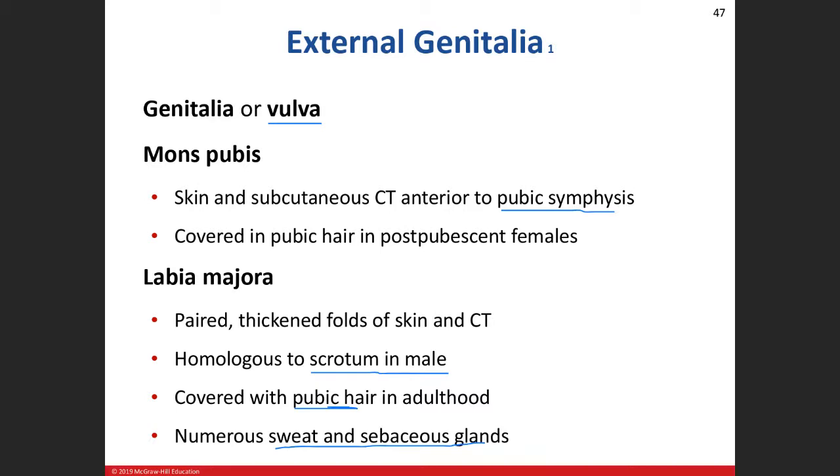We don't cover it in this class, but it's really interesting how, during fetal development, if the proper hormones aren't present, it can sway. And I'm sure you've probably heard of people that have had both male and female genitalia. Hermaphrodites was the term that they use. I don't know what the current term is, if they've changed it at all.